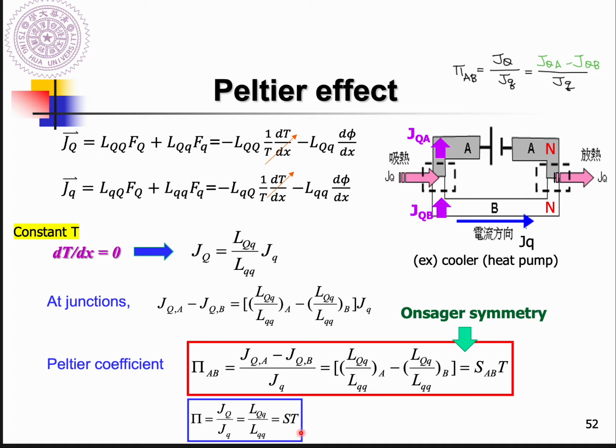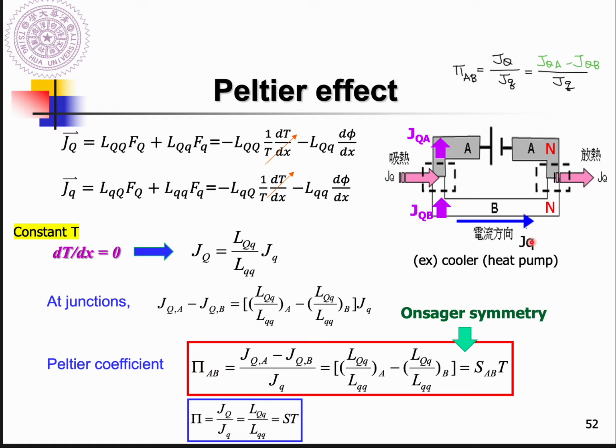Okay, so here you may have two questions. The first one would be: Professor, as you mentioned, every material has its own Peltier coefficient and Seebeck coefficient. Why, in the examples you show here, whether it's the power generator, thermocouple, or cooler, are they a pair of materials, composed of A material and B material?